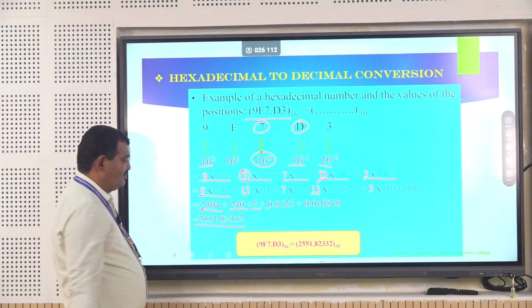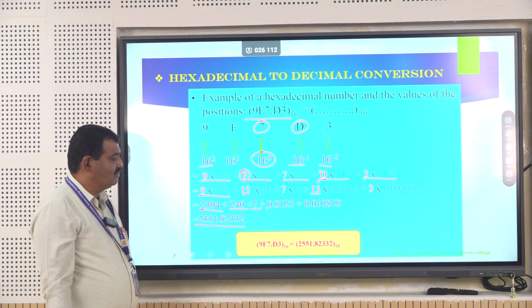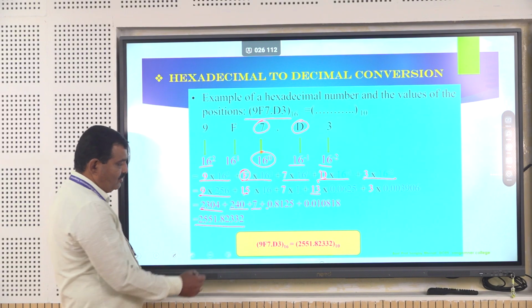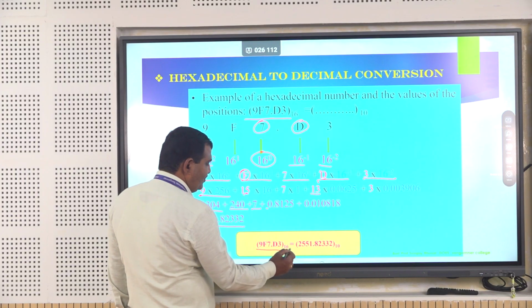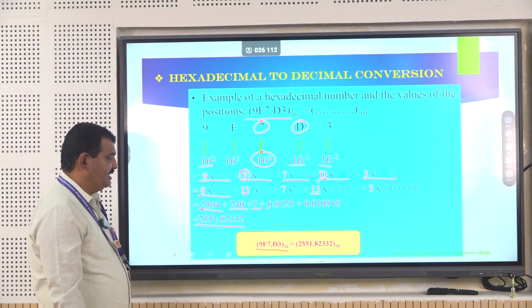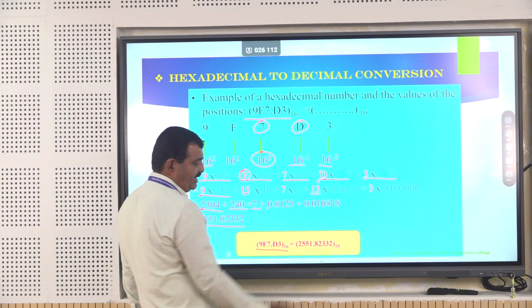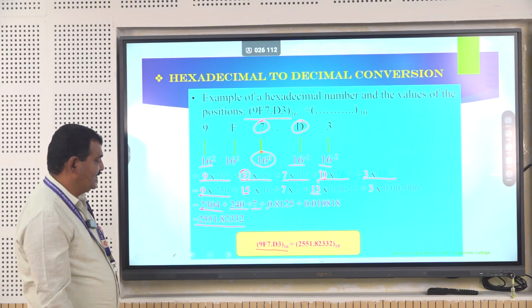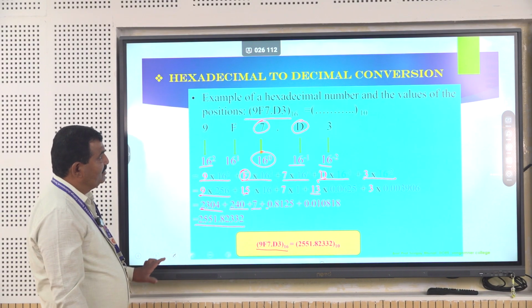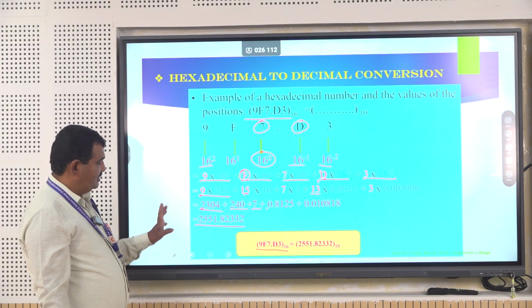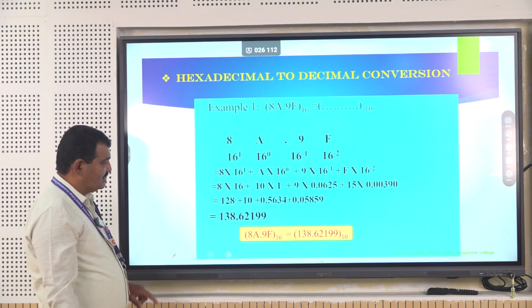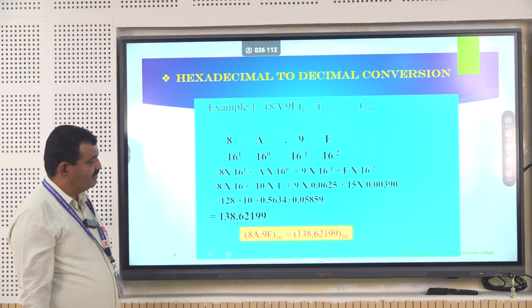After adding we get 2551.82332. So this hexadecimal number 9F7.D3 is equivalent to 2551.82332 decimal. In that way we can convert any number.